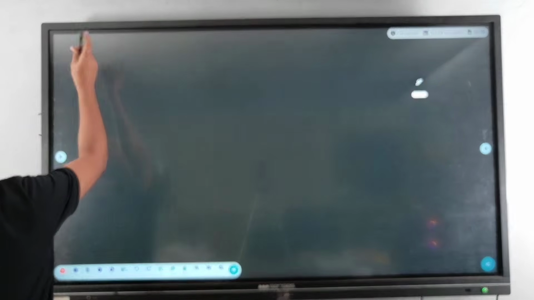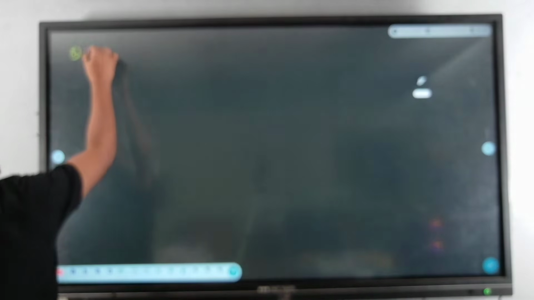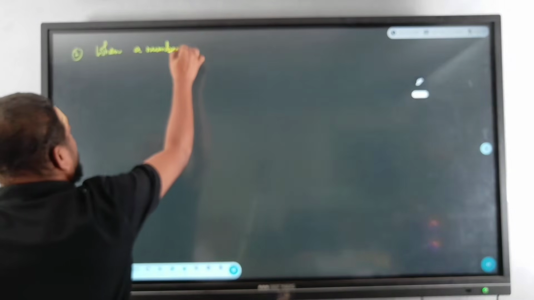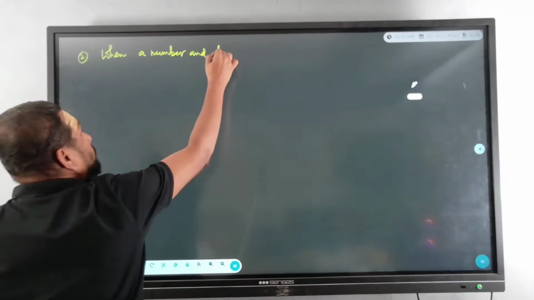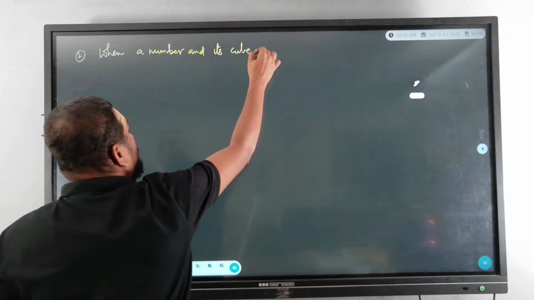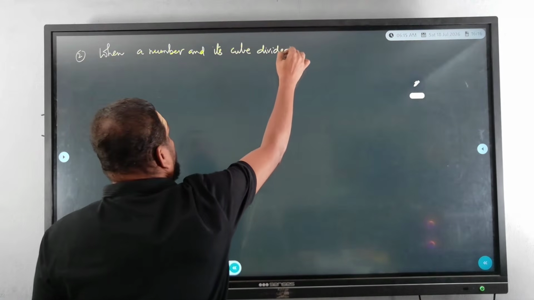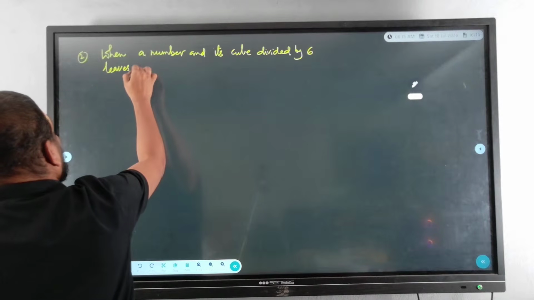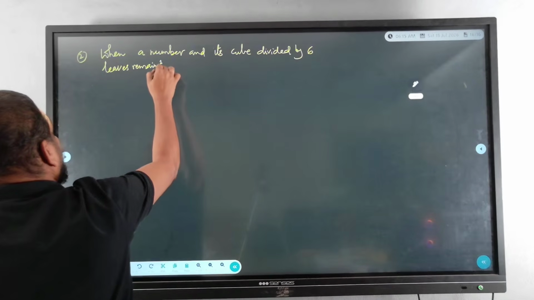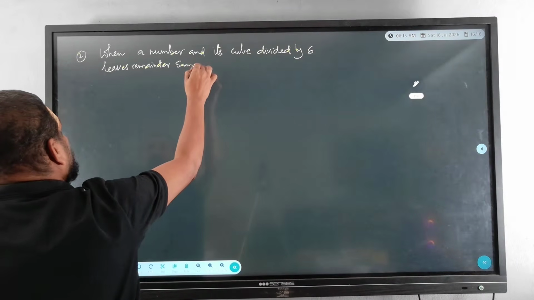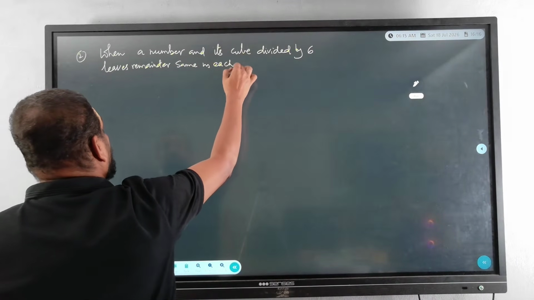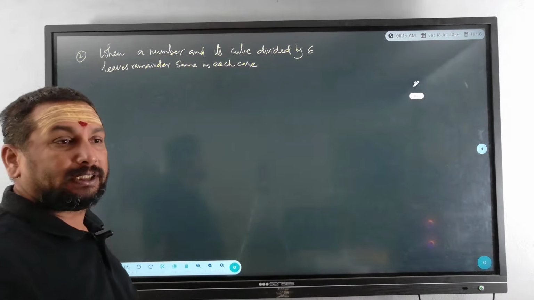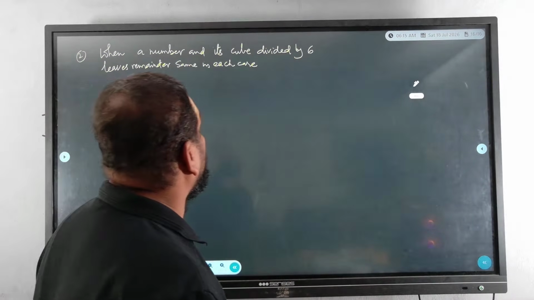The second one is: when a number and its cube are divided by 6, they leave the same remainder in each case. That is the next point.